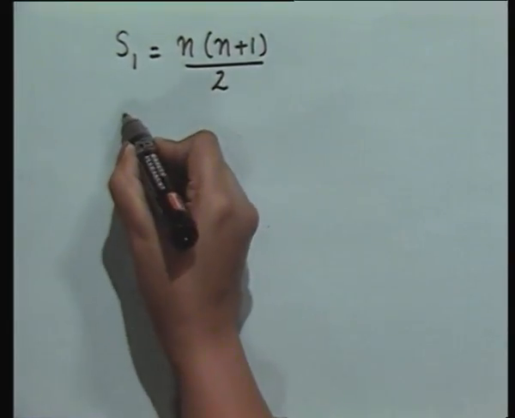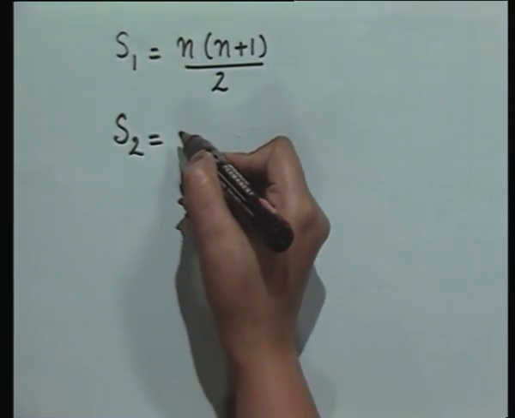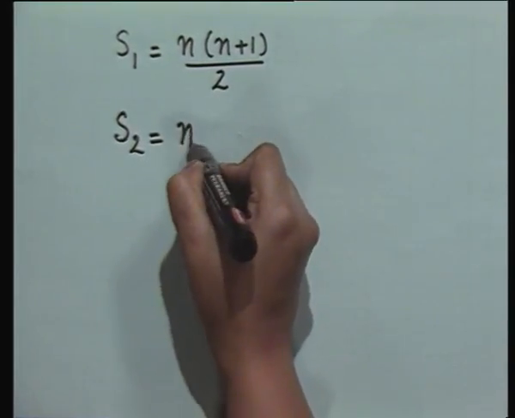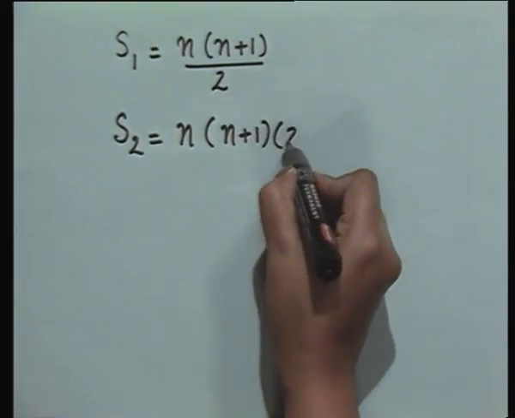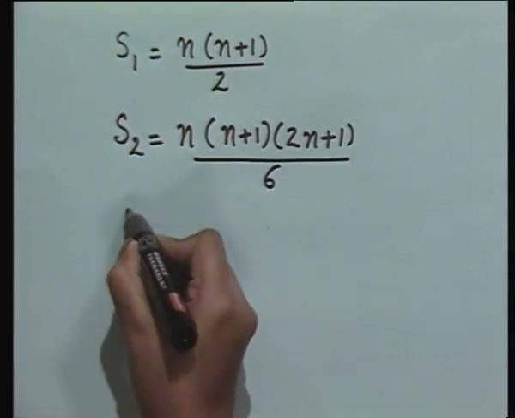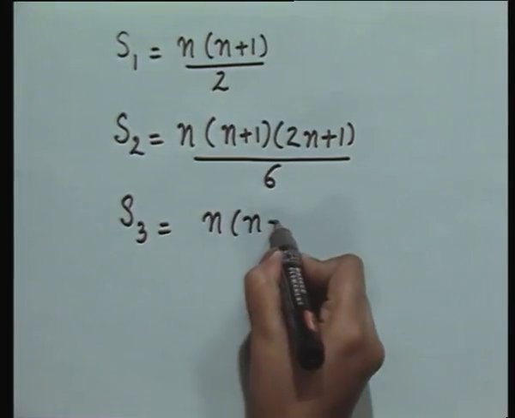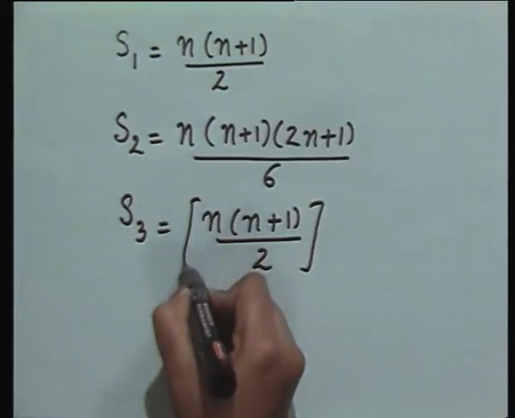Because S2 is the sum of the squares of the first n natural numbers, it will be n into n plus 1 into 2n plus 1 whole upon 6. And since S3 is the sum of the cubes of the first n natural numbers, it will be n into n plus 1 upon 2 whole square. So we know these values. We have used them all through the lesson right now.